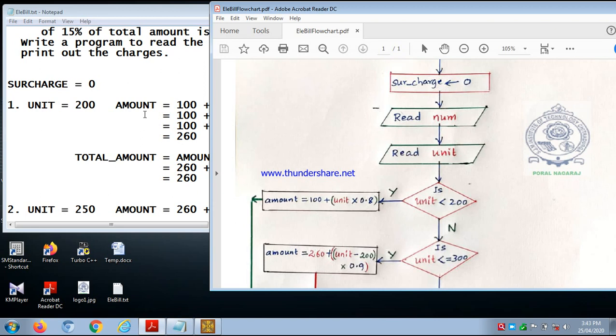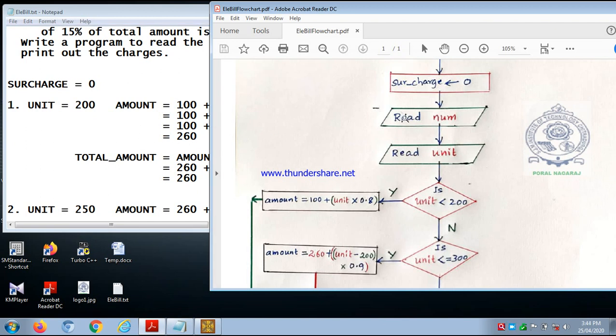Then what are the inputs for this one? Inputs for this program are name and number. So here you have to read name comma number.